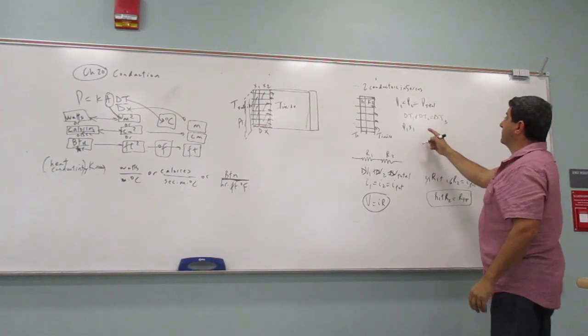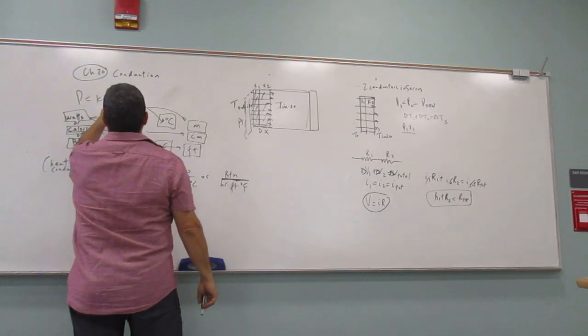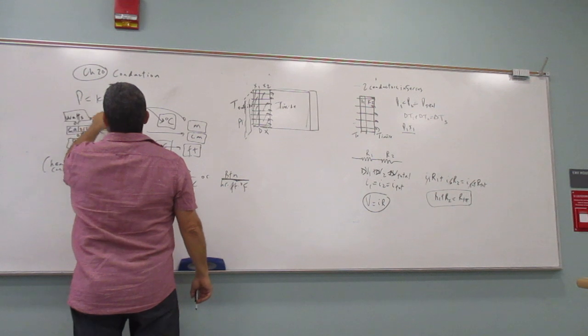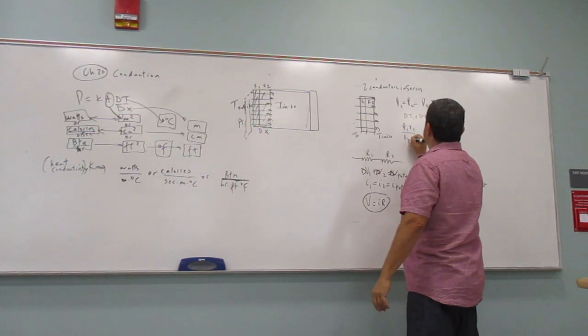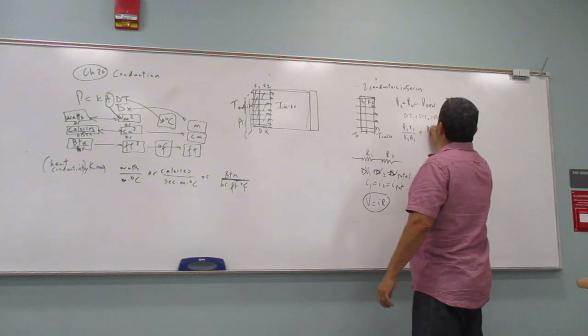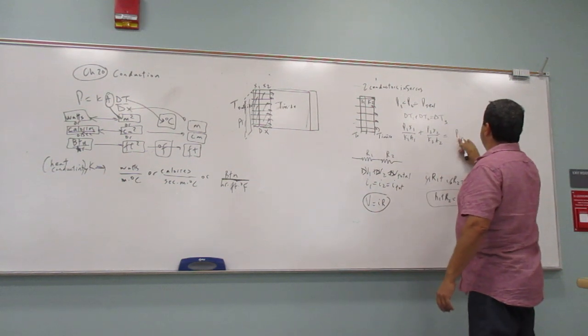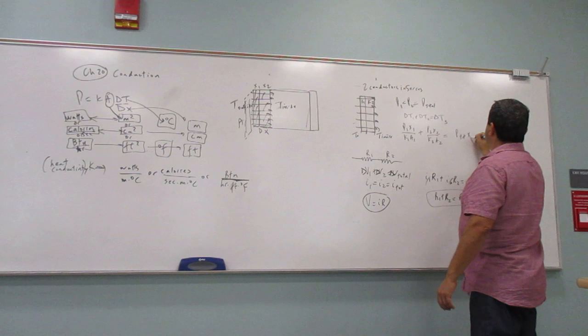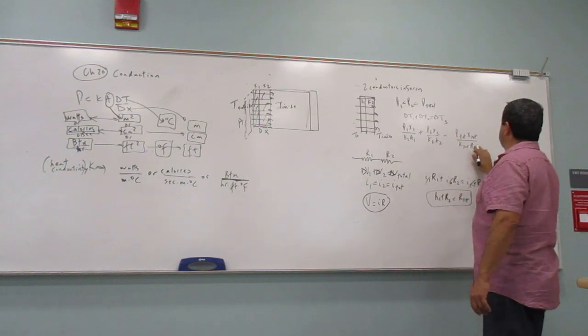Okay, so P1 times X1 over what? We're trying to solve for delta T1, right? P1 X1 over K1 A1 plus P2 X2 over K2 A2 is equal to P total X total over K total A total.